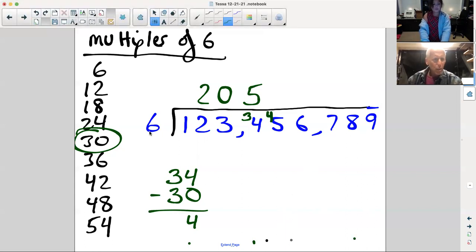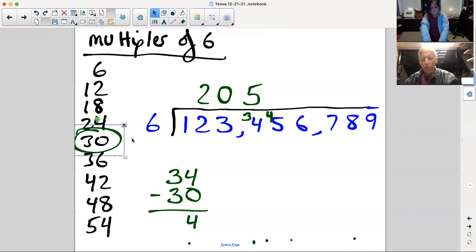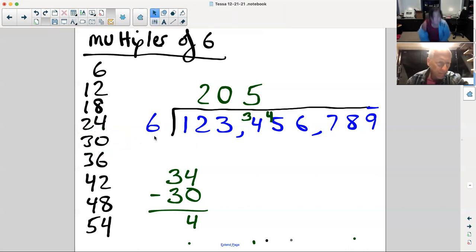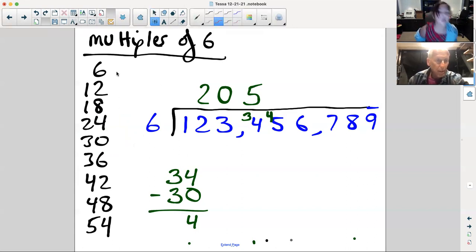Well, Tessa, so what is that number, by the way? What is the 8th multiple of 6? Because it better be smaller than 45. 42. Oh, so you think that that's the 8th one? Did you count? 7th one. Wow, then it's not 8.